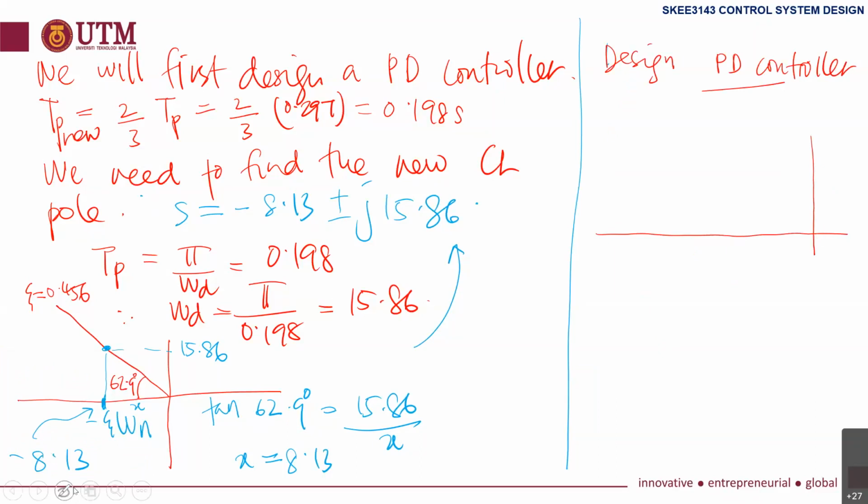We have minus 3, minus 6, minus 8, minus 10. The point that we are interested in is here, minus 8.13 plus J 15.86.